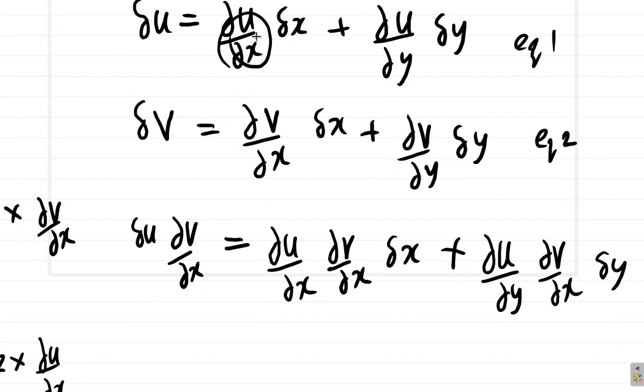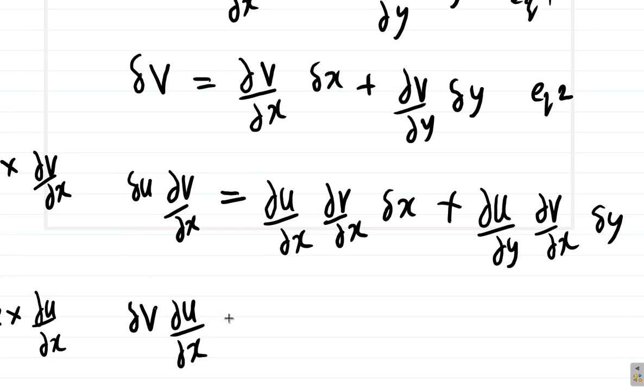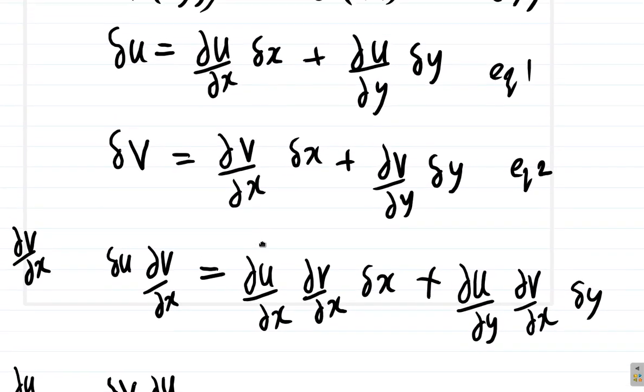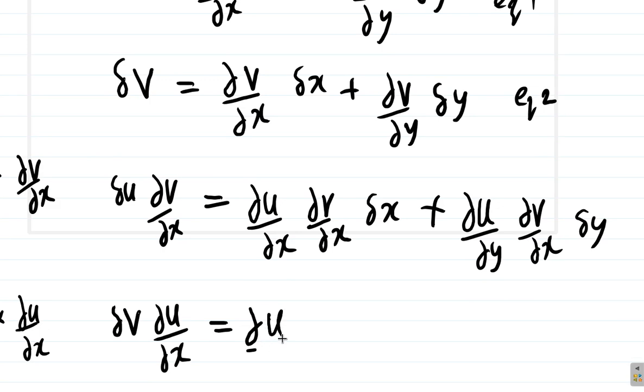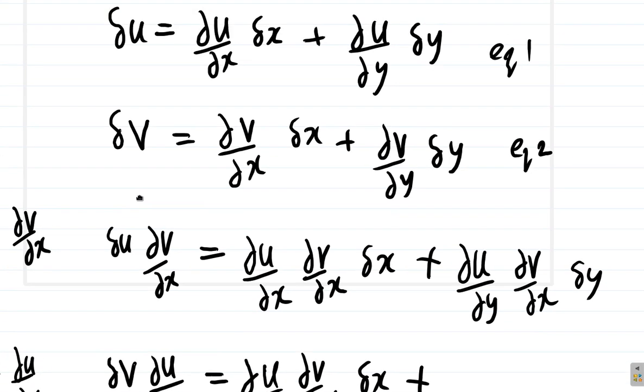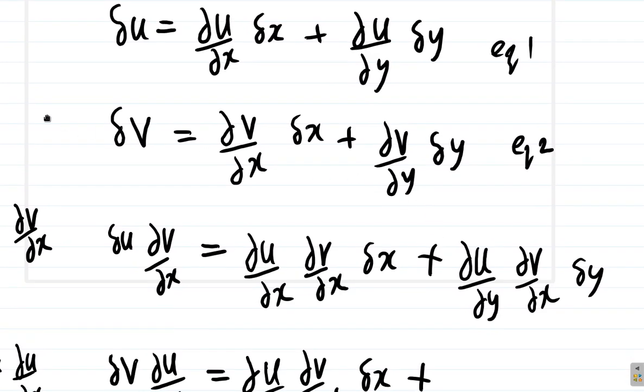The delta u by delta x here, we multiply this, so we have change in v times delta u by delta x, right, is equal to, alright, so we have our delta u by delta x times delta v by delta x, this times this, and then we have our small change in x, alright, plus then delta u by delta x will multiply delta v by delta y.